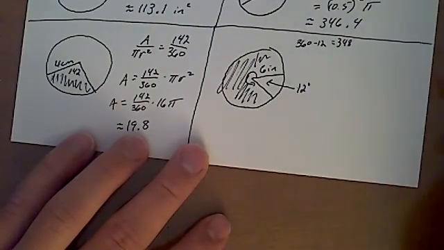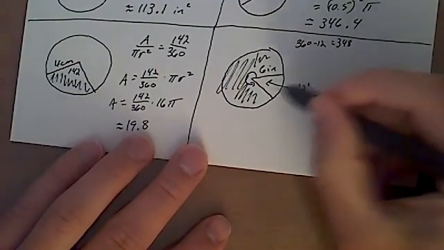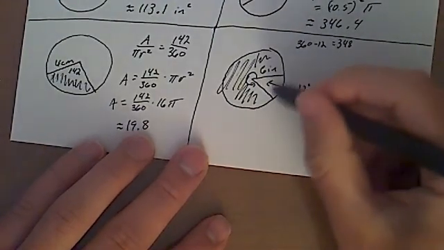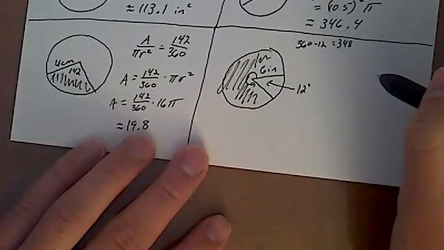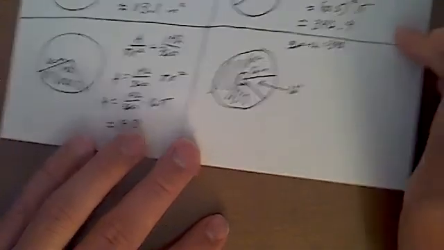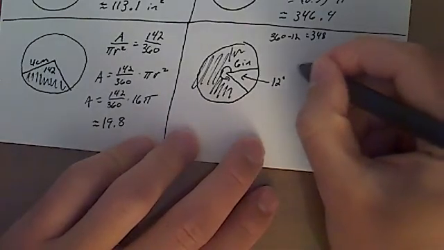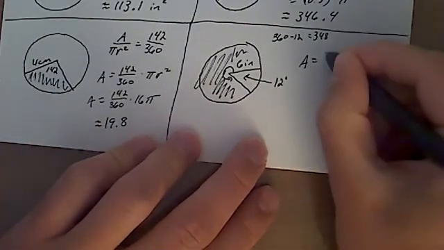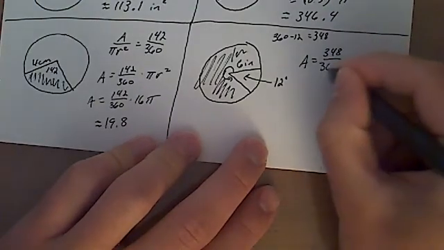The other way you can do it, I very strongly would say don't, would be to find the area of the non-shaded area and then subtract it from the total area of the circle. It works, it's fine, but I think this is better. So again, we're going to use that second way of writing the formula here. The area is 348 over 360.